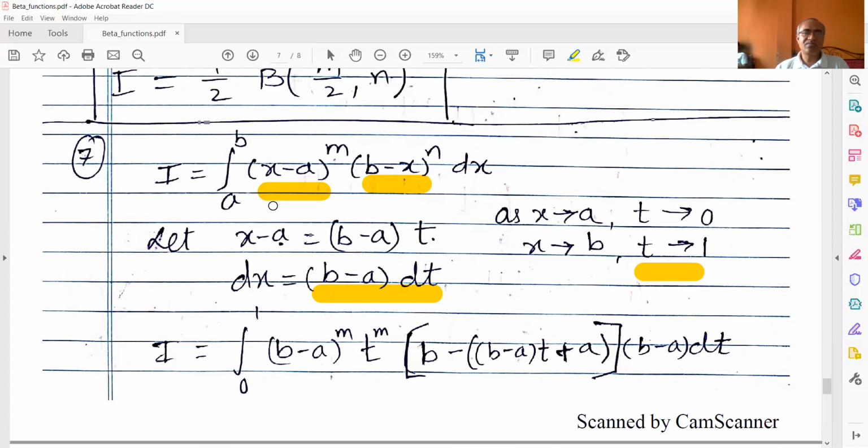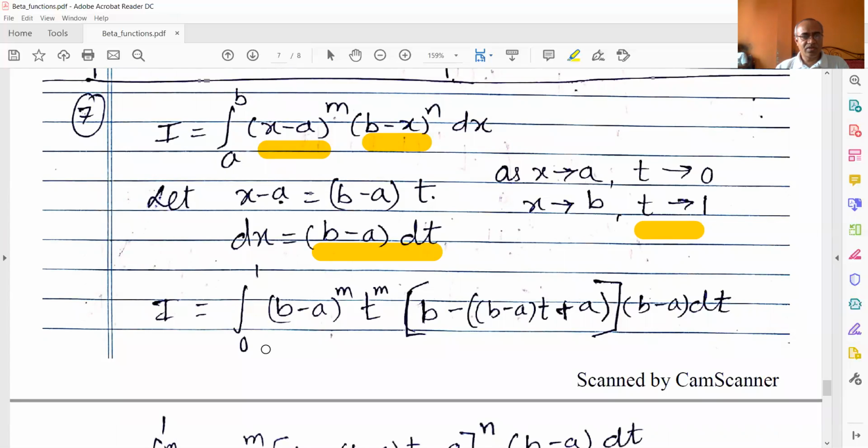Now why these particular substitutions are over there is because the basic definition of the beta function is integration 0 to 1. So to make the limits 0 to 1, we have substituted these expressions. Again, if we substitute over here, integration 0 to 1, at the place of x minus a it is (b minus a) raised to m t raised to m, and at the place of this x, what we have is (b minus a) t plus a.